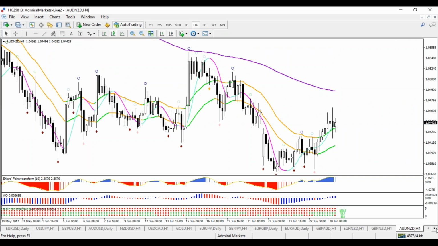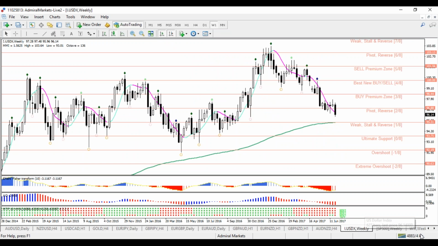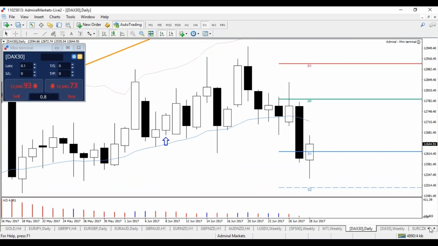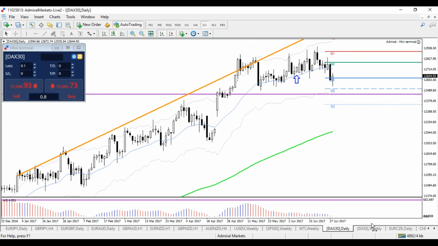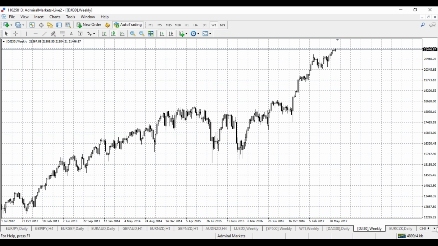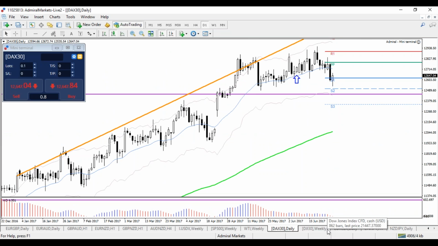Other pairs, New Zealand seems to be finding some resistance with this candle. DAX slowly moving a bit lower, but the American stock indices still pushing higher.